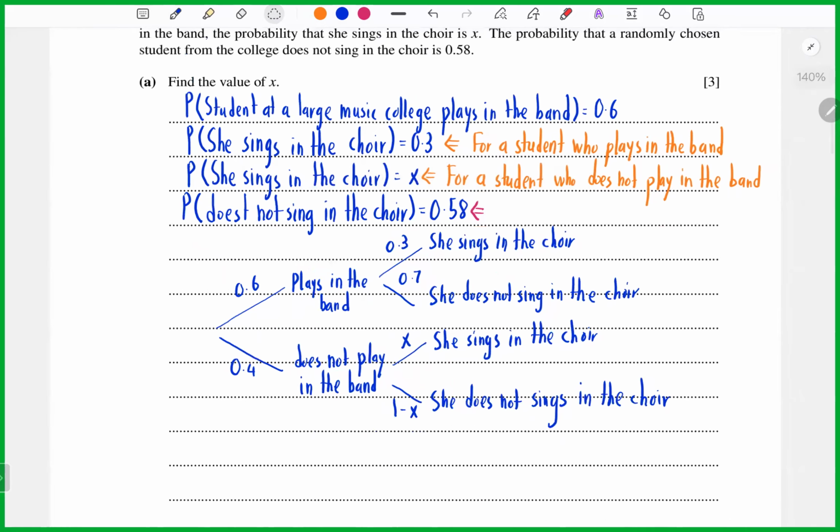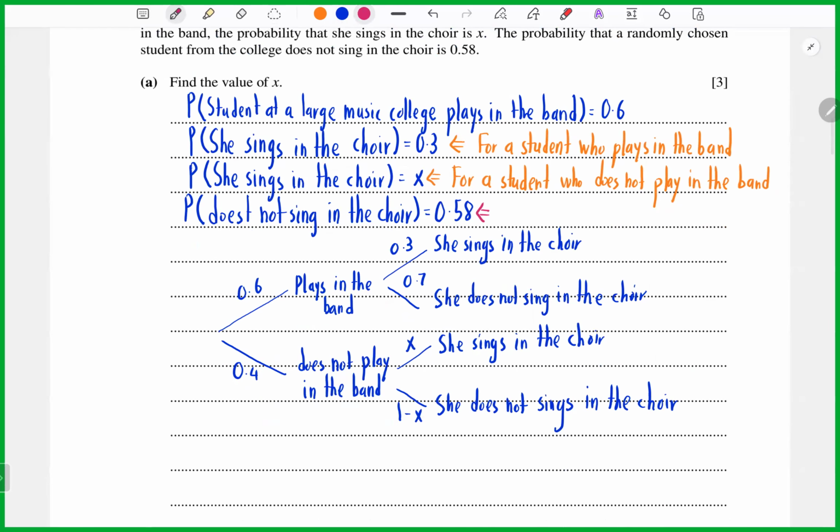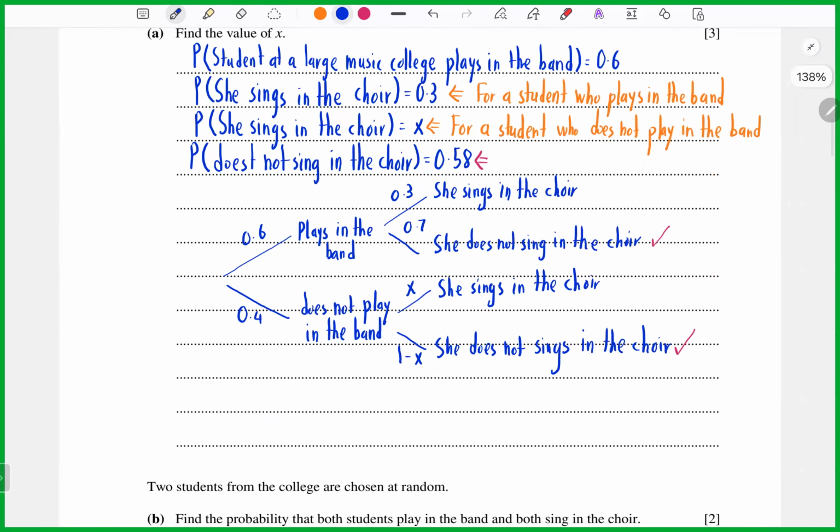So we just focus on this. You can take 0.6 multiply 0.7 plus 0.4 bracket 1 minus x equals 0.5 x.